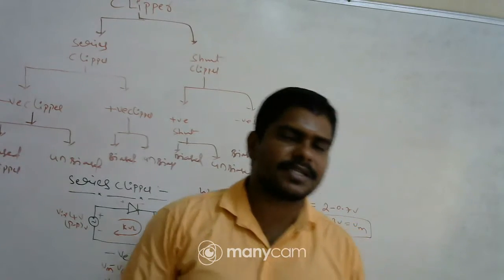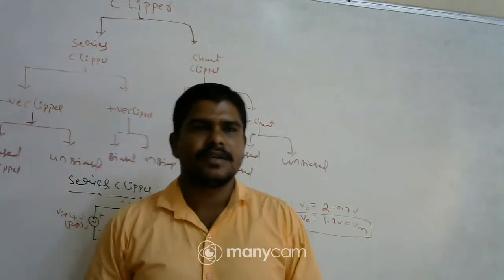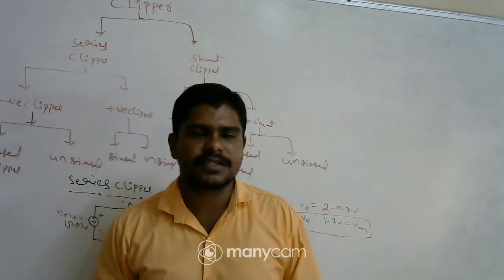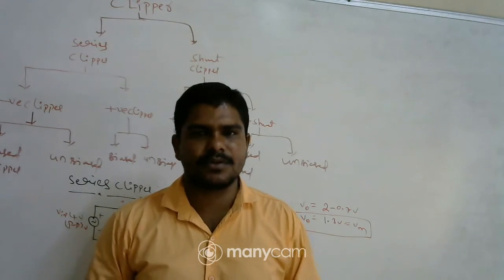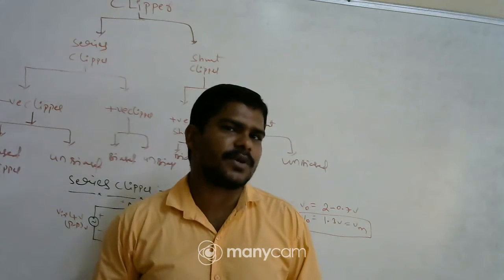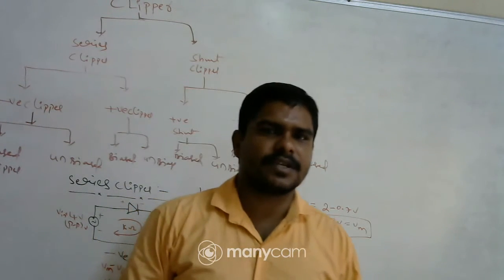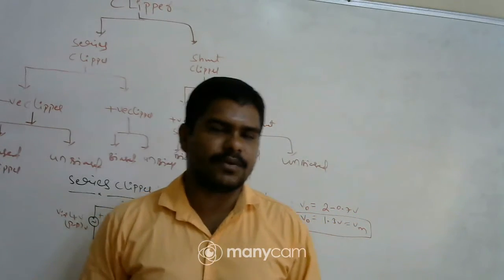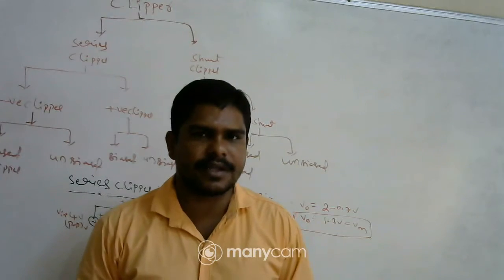In most cases of communication, audio communication and radio communication, we can use these types of clipper circuits. If you see an FM radio station, suppose we are generating a high voltage signal, but the receiver requires a low voltage.